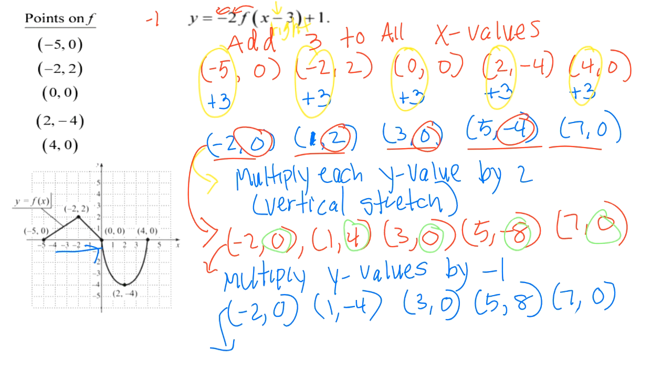So I added 3 to move it to the right. Then I multiplied my y's by 2 to stretch it. Then I wanted it to flip, so I multiply all my y's by a -1. And so now I'm going to move it up. And when I'm moving it up, I'm adding to it. So I'm adding to my y's.